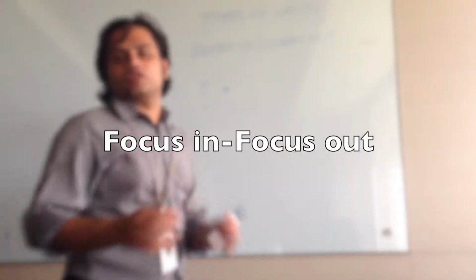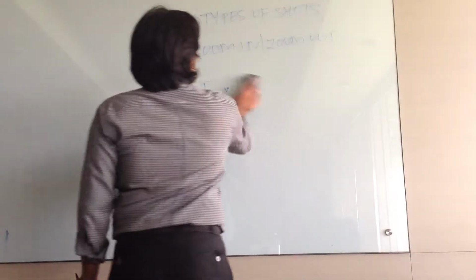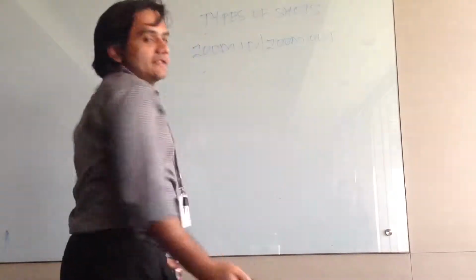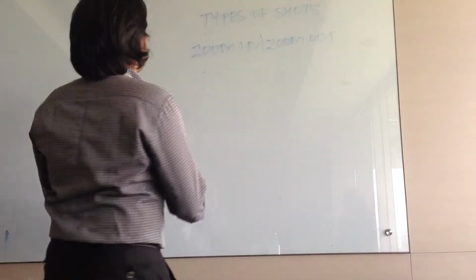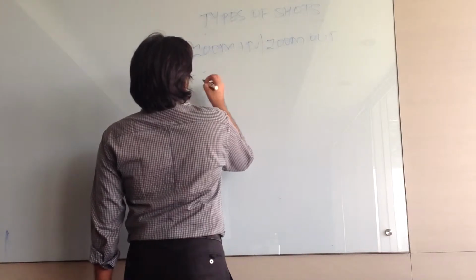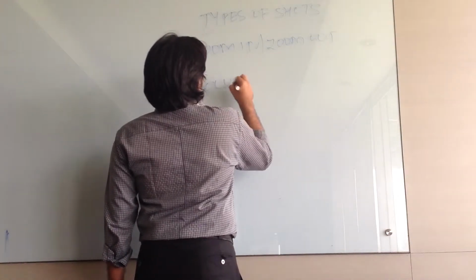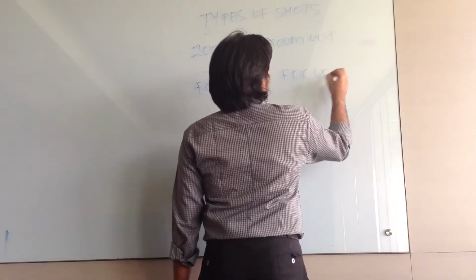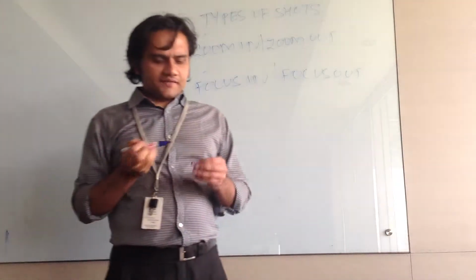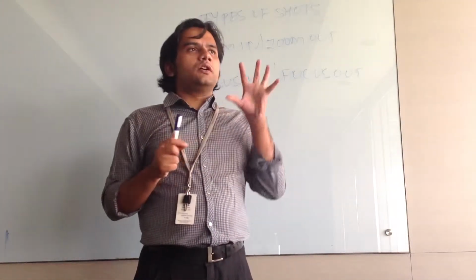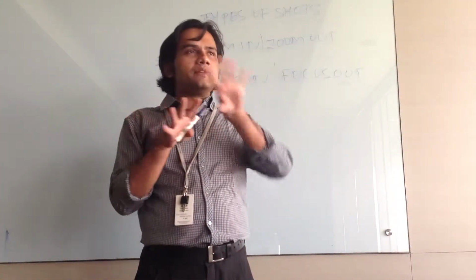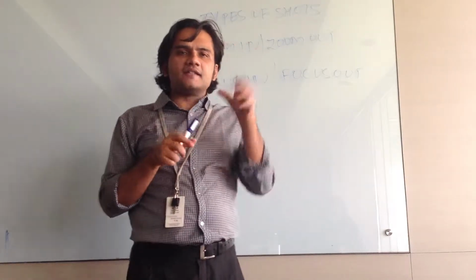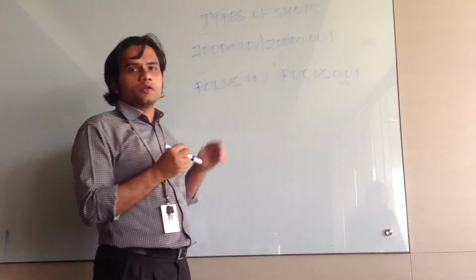Another type of shot that we will cover is focus in and focus out. Now, many times you must have seen shots where initially the frame is completely blurred and then slowly things start coming into focus.